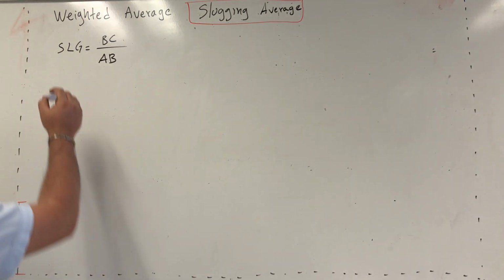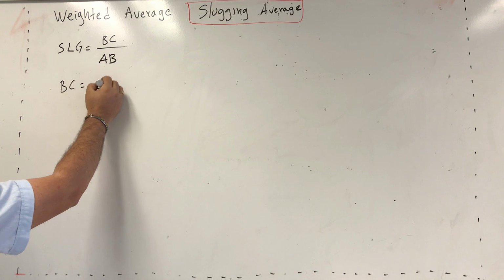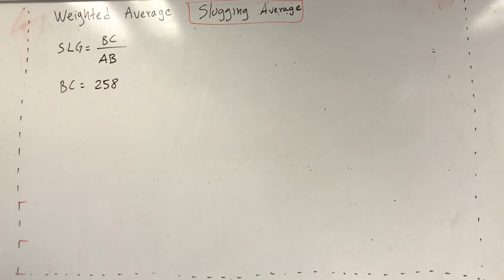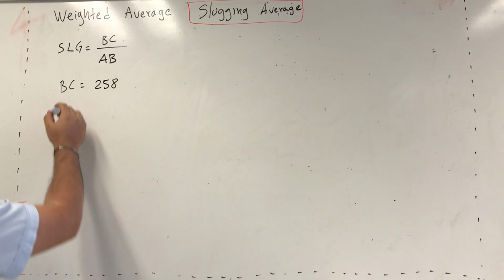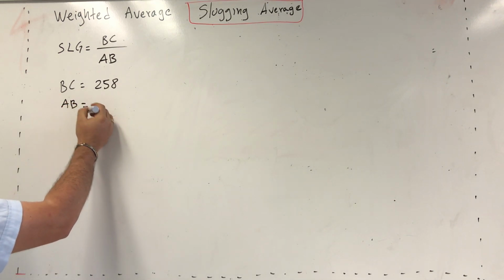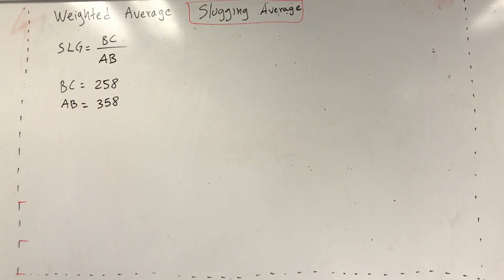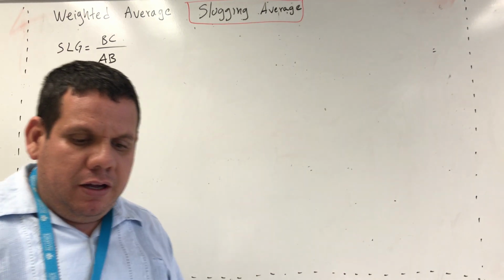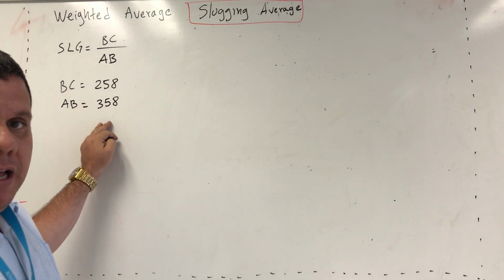Let's say that a player had 258 bases in total, and he went to bat 358 times. All right, so how can we know the average for this player?